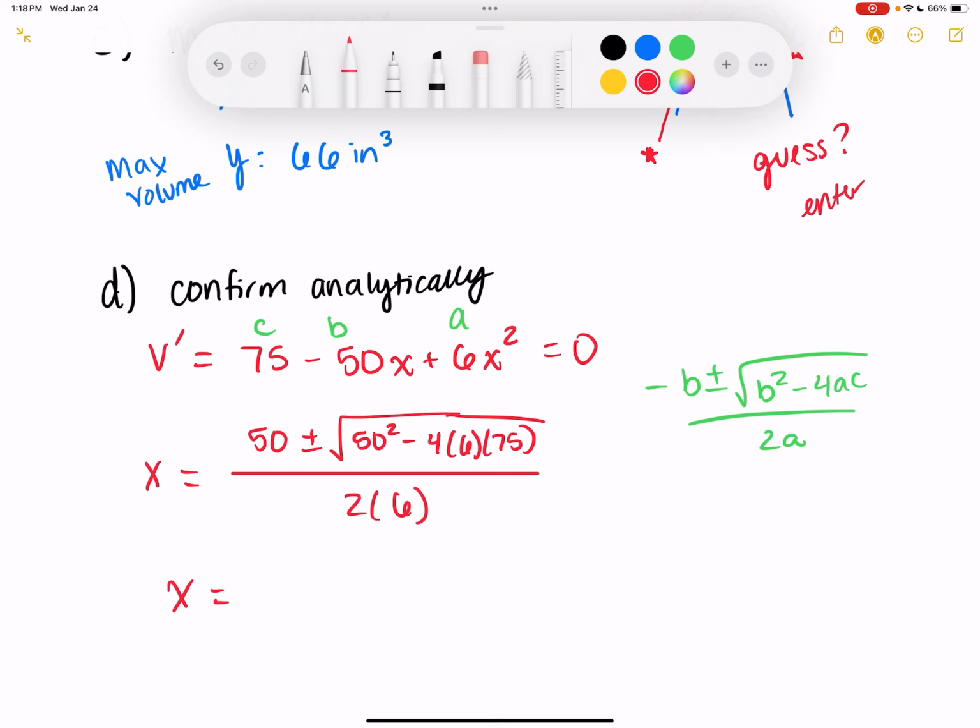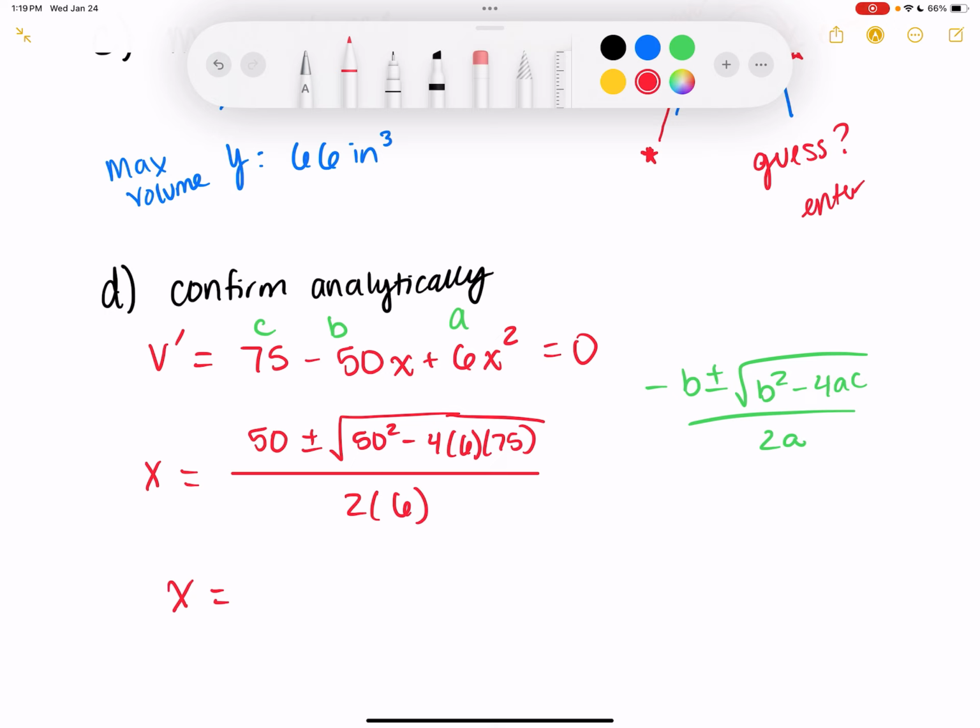What'd you get? 129. Hold on, wait. Is that what you got, Josh? Is that what you got, Ethan? He said 129. Was that just your radical or is that the whole thing?